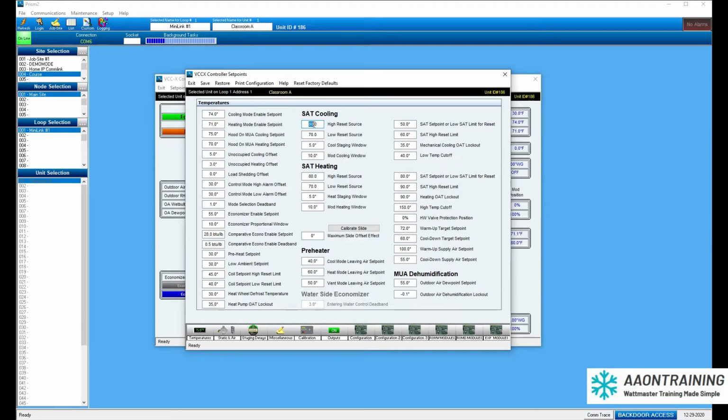If the space was really hot, for some reason 80 degrees, we want to deliver very cold 50 degree air into the space. But if it was more manageable, 70 degrees, or whatever set point you want to set to, let's say 65 or whatever, then you can have a leaving air set point of 60.